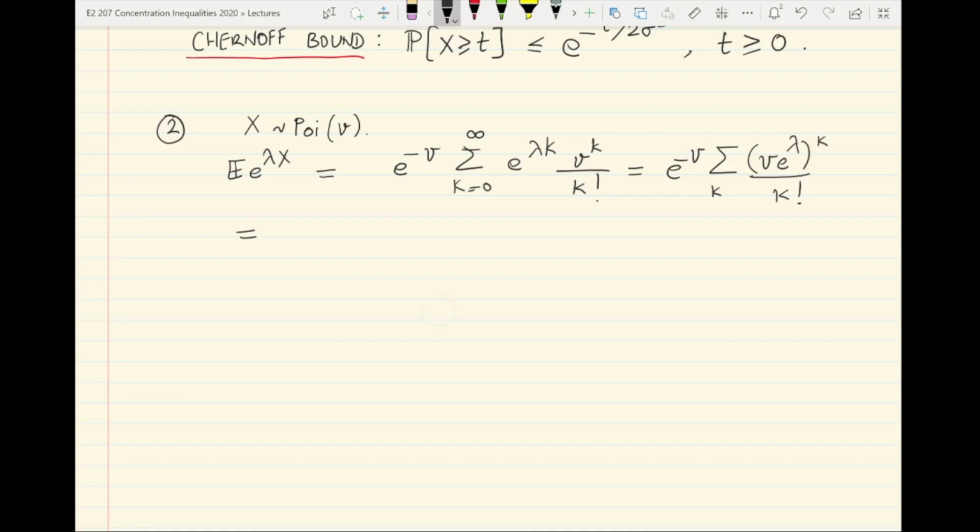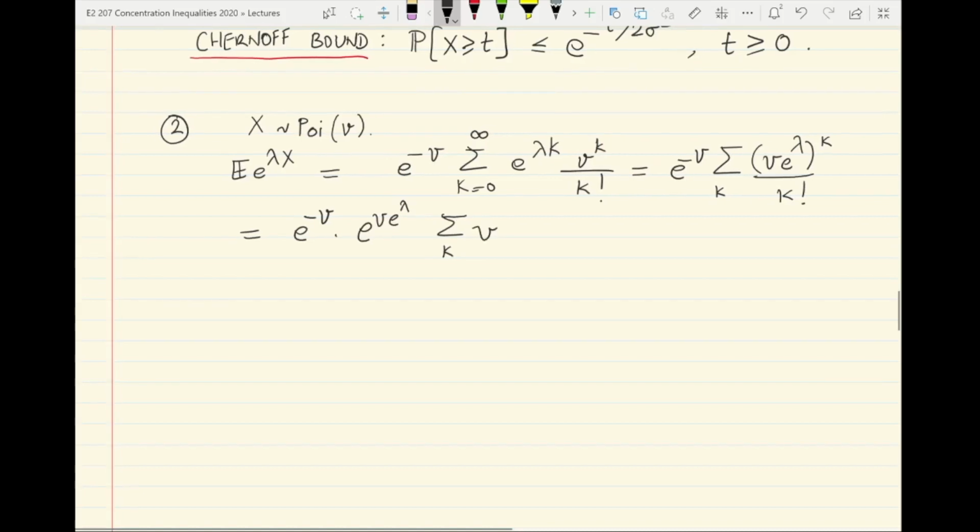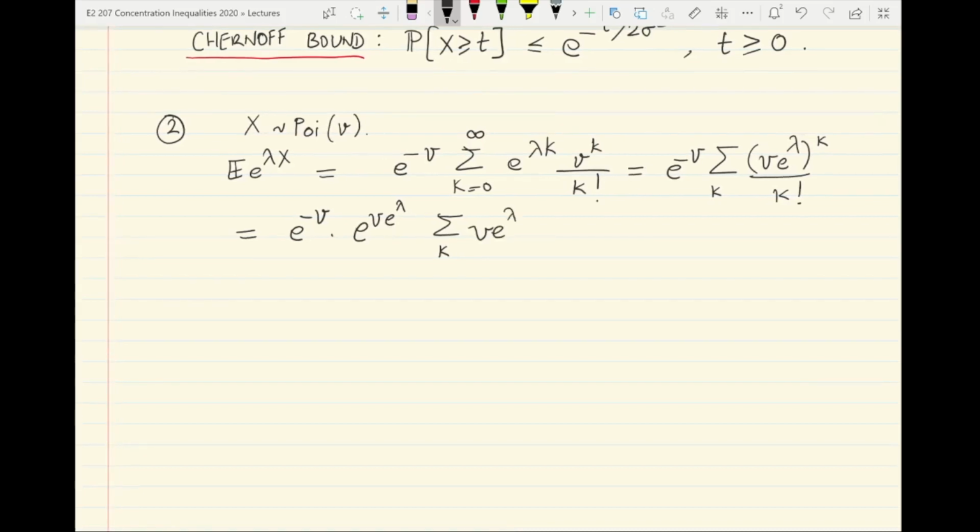And we can multiply and divide by the quantity e raised to v e raised to lambda, and then you have the sum over k of v e raised to lambda, raised to k by k factorial, and we have to divide by e raised to v e raised to lambda.